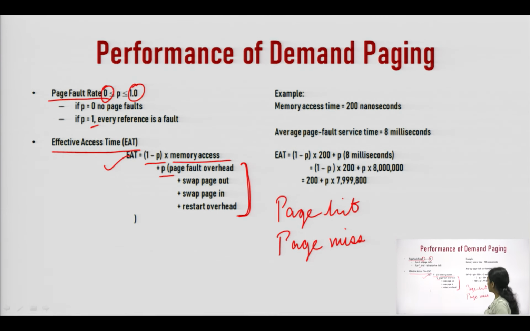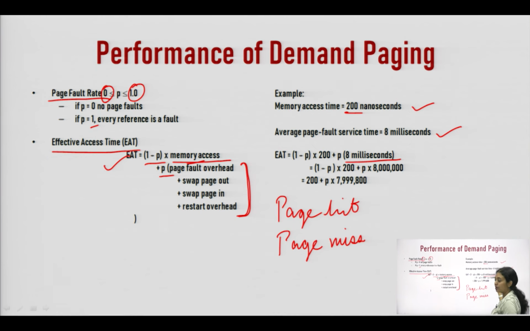Now, just quickly we will go through an example. Let us say we have our memory access time of 200 nanoseconds, and average page fault service time is 8 milliseconds. Then we can easily calculate effective access time, that will be (1 minus P) into 200, where 200 is the memory access time, plus P into 8 milliseconds, that is P into the average page fault service time.